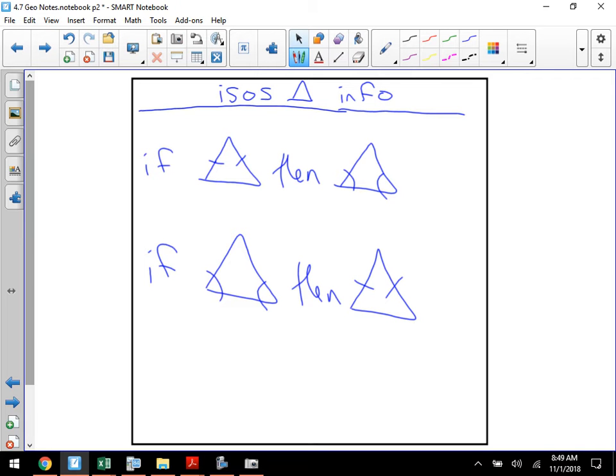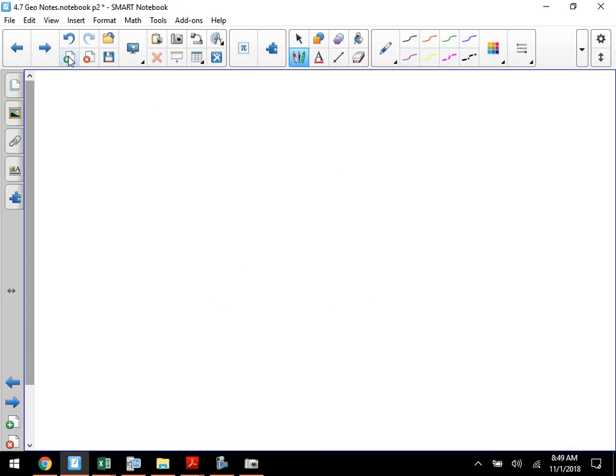Which means when we start talking about this stuff in terms of algebra, I don't want to get too far ahead here. You guys all good on that one? So if you wind up with information like, let's say you have this isosceles triangle XYZ with angle Z equal to 43 degrees.